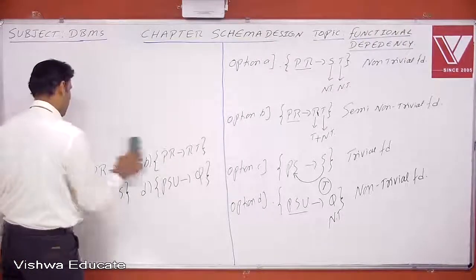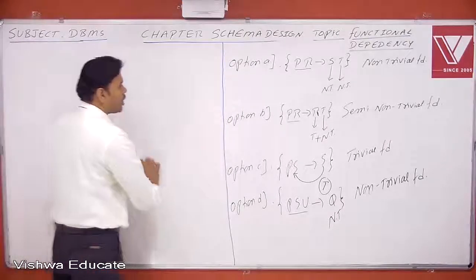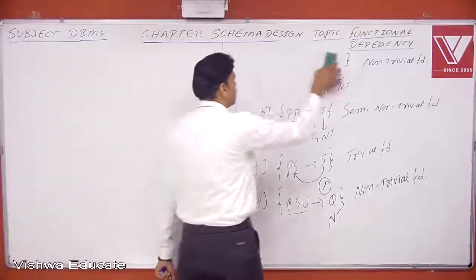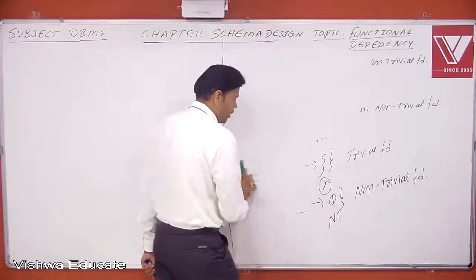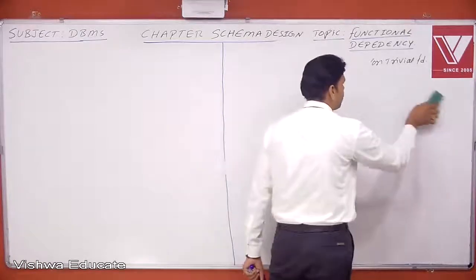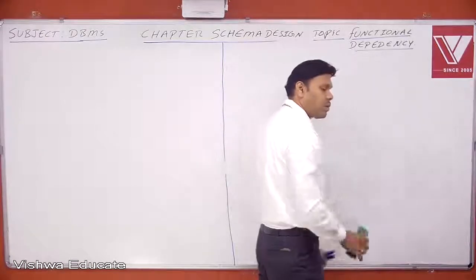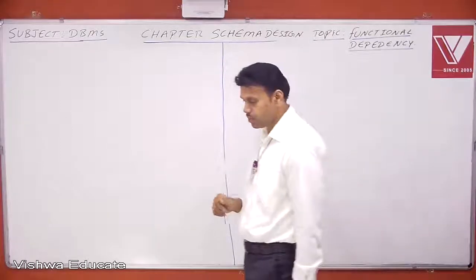Armstrong axioms. Whatever dependencies have been proved so far, either trivial or non-trivial or semi-non-trivial, they have all been proved only based on Armstrong axioms.